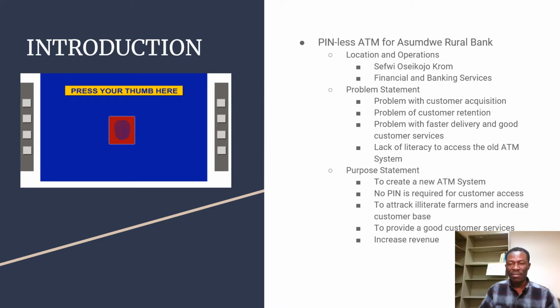banking services. The problem of this bank is that for some time now, it has been facing customer acquisition and customer retention problems due to illiteracy among the farmers within the community, who are also the majority and also people who could save with the bank.